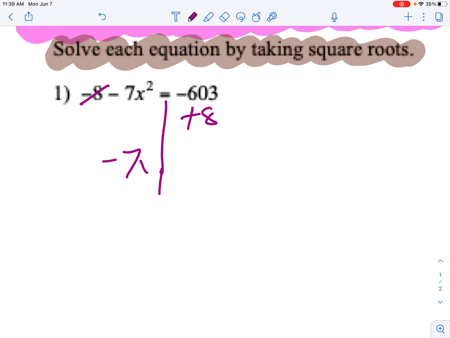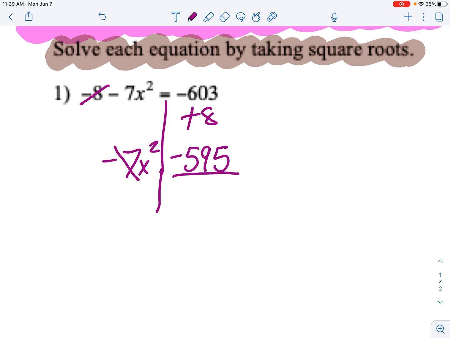We're left with negative 7x squared, and negative 603 plus 8 is negative 595. I subtract because they're different signs, and it's negative because 603 is bigger.